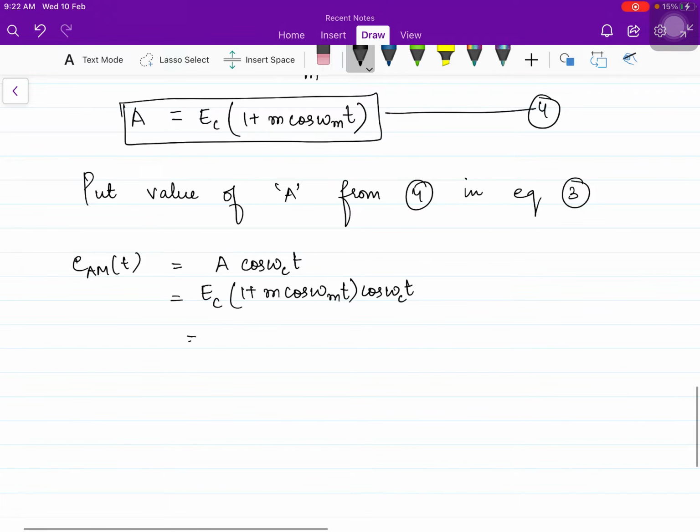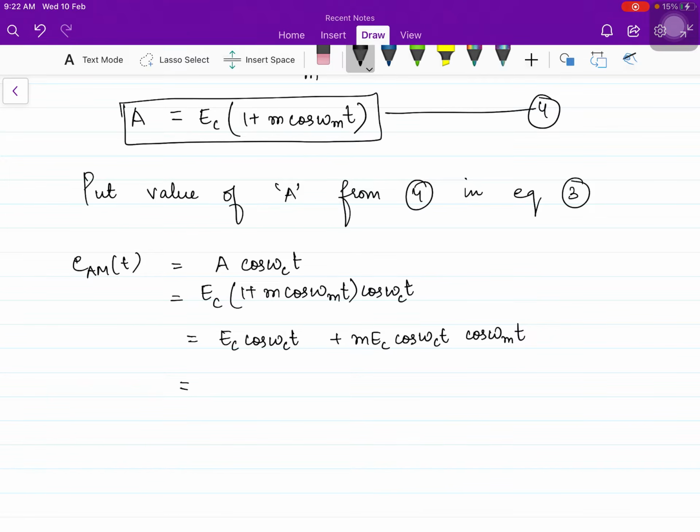Now we will open the brackets. It will be Ec cos omega c t plus m Ec cos omega c t cos omega m t. I have simply opened the bracket, and do not consider that your work is over until you get a plus or a subtraction sign between two cos terms.